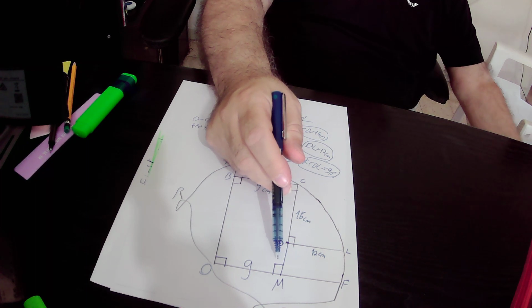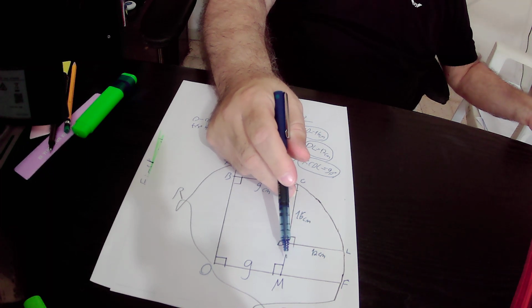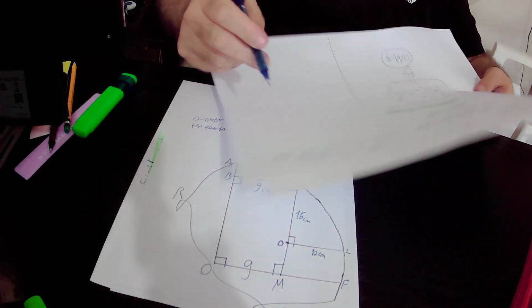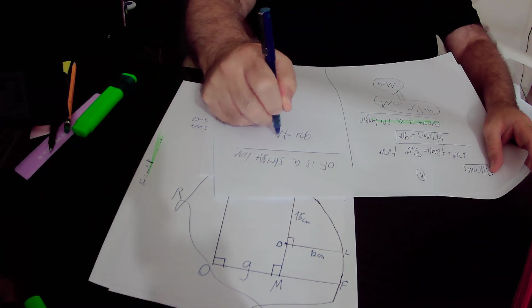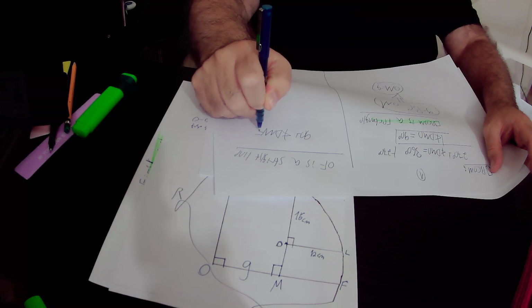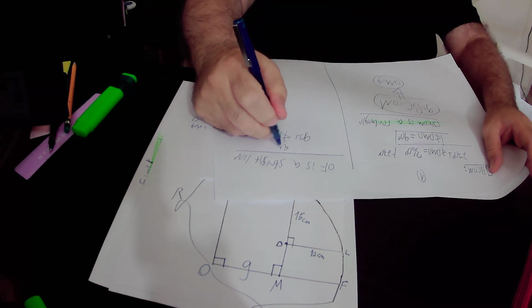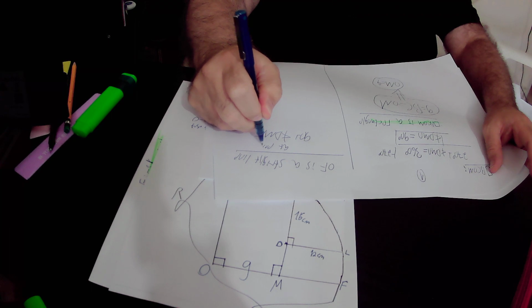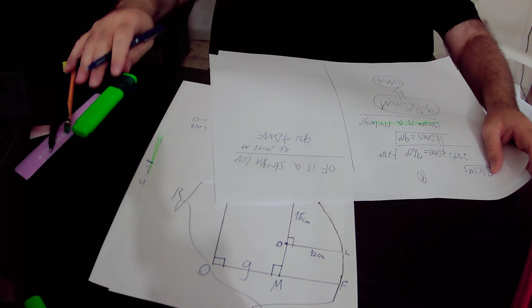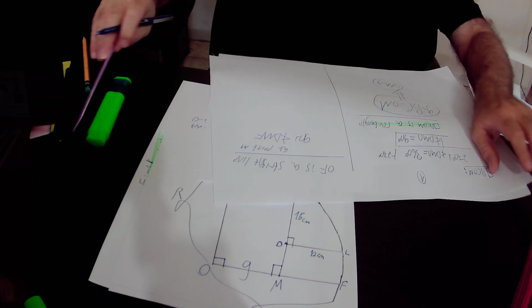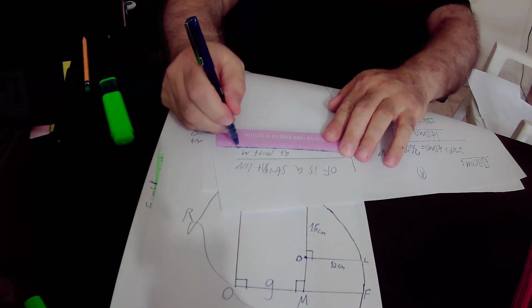We have here 90 degrees, and we have also angle DMF. 90 degrees plus angle DMF in total must be equal to 180 degrees.